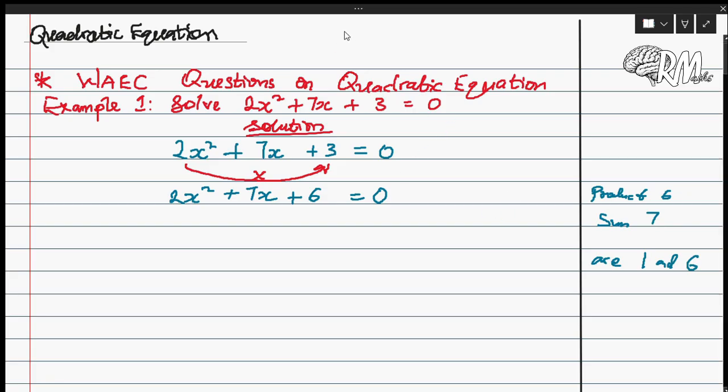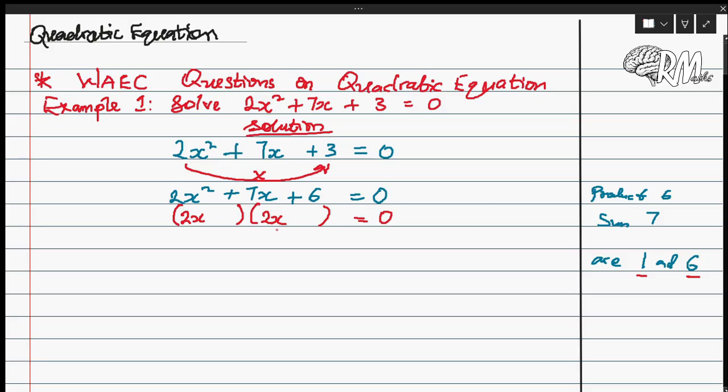The next thing, I'll put my brackets here and here equals 0. This time I'm going to write my 2x, 2x here and 2x here. Then I'm going to put my two numbers.